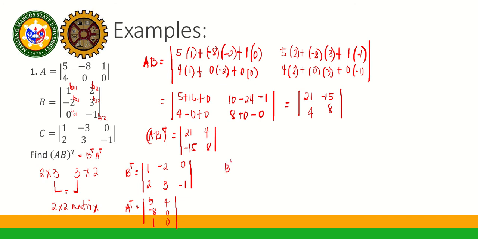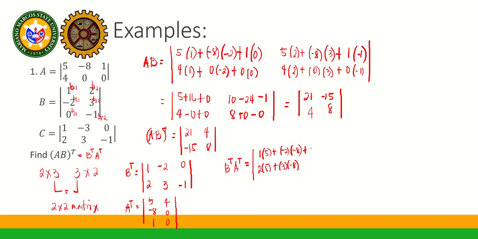So, the transpose of B multiplied by the transpose of A is equal to, so, first column ng B natin, multiply natin kay 5 times 5 plus negative 2 plus 3 multiplied by si negative 8. Okay?